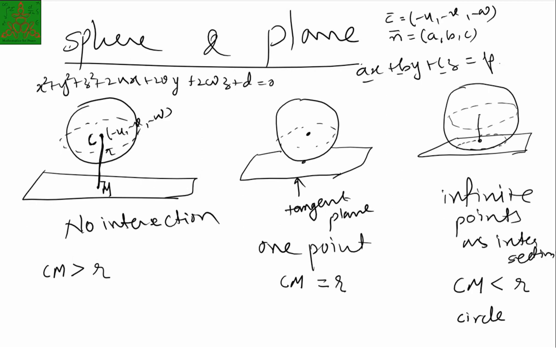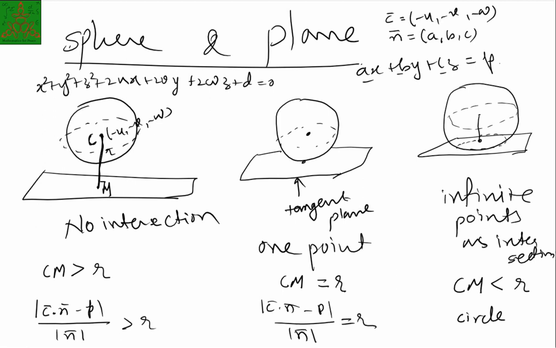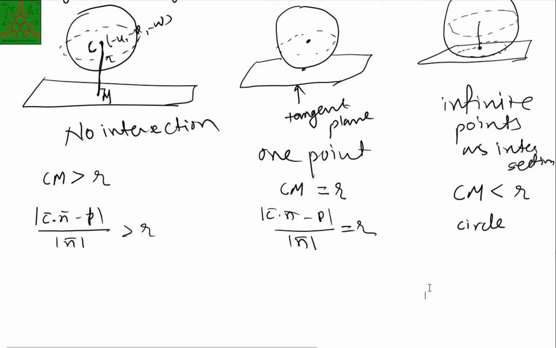So you can calculate CM as the modulus of C bar dot n bar minus p, upon mod of n bar. If this is greater than r, there is no intersection. If it is equal to r, there is a one point intersection. If this quantity is less than r, then there is an intersection, and the intersection is a circle.